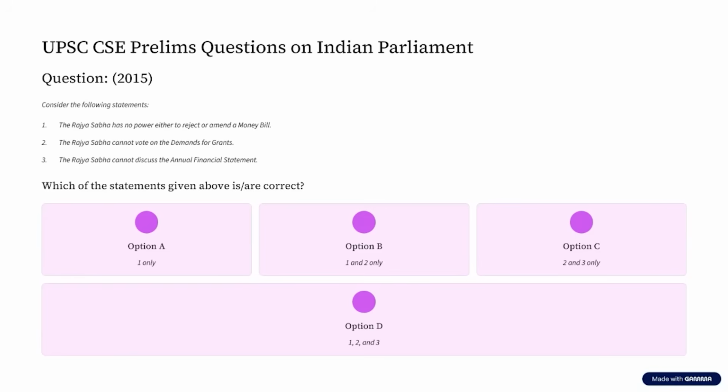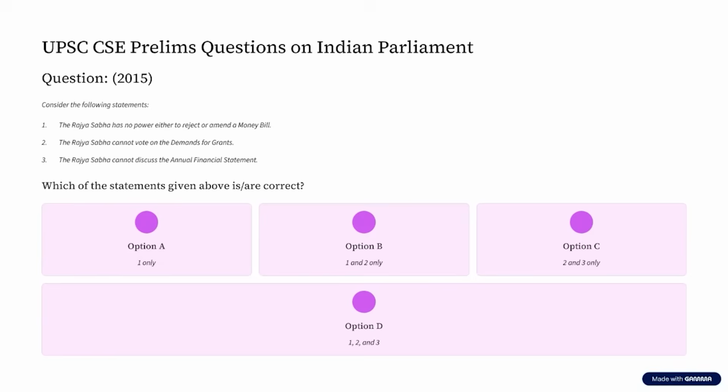Now, what is the minimum age criteria for Lok Sabha? In order to become a Lok Sabha member, it is 25 years, and in order to become a Rajya Sabha member, it is 30 years. Now, what is the term of the Lok Sabha and the Rajya Sabha? In Lok Sabha, the term is 5 years. That is, after every 5 years, Lok Sabha is automatically going to get dissolved.